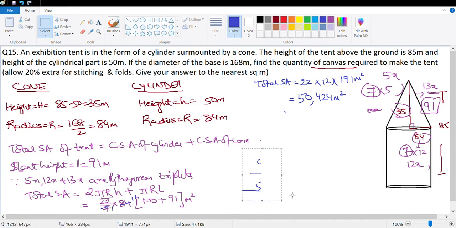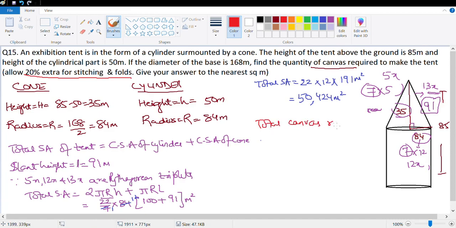Now the last part of the question, which talks about in case there is a wastage. These kind of questions are not a part of your syllabus, but let's still look at this question. It says allow 20% extra for stitching and folds, which means total canvas required would be equal to 50,424 plus 20% of 50,424.